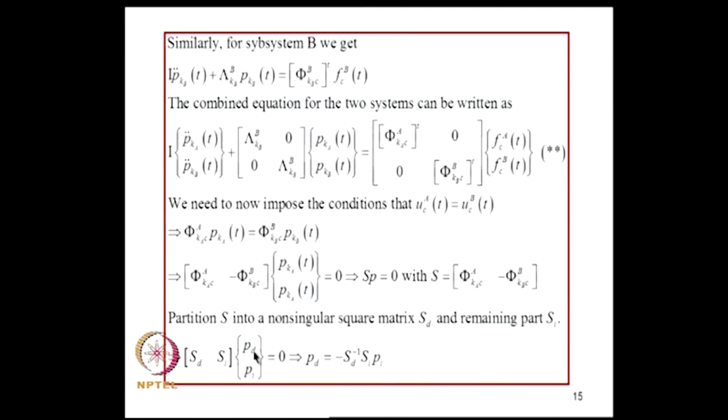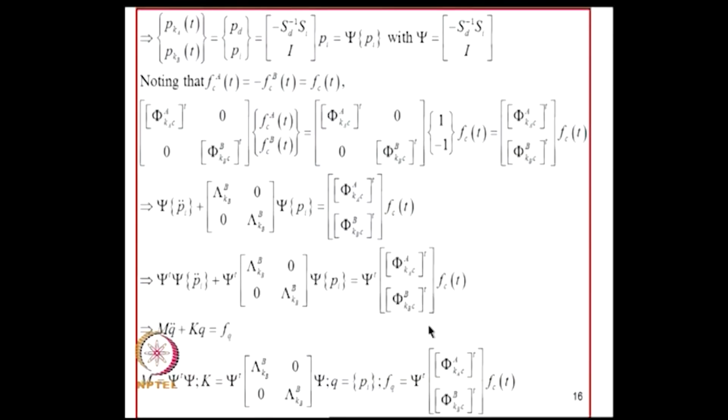Consequently, I can write PD in terms of PI as minus SD inverse SI PI. So, this is a crucial step here. Now, once I do this, I can write the vector P, which is PD PI in this form, retaining only PI, and this matrix I denote as psi, that is psi is minus SD inverse SI over I.